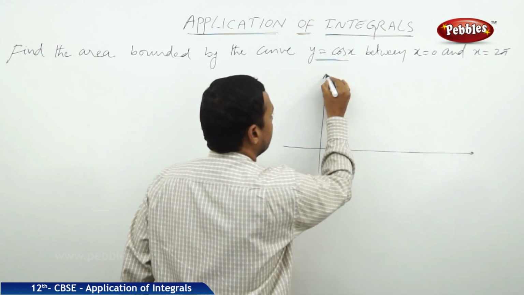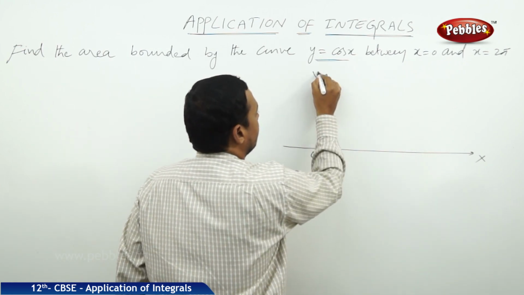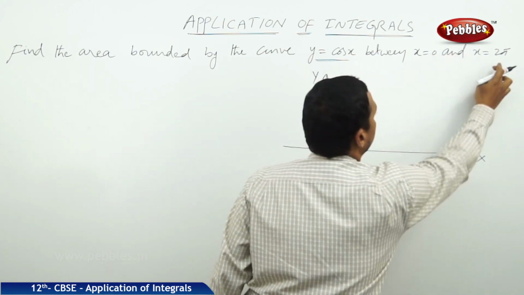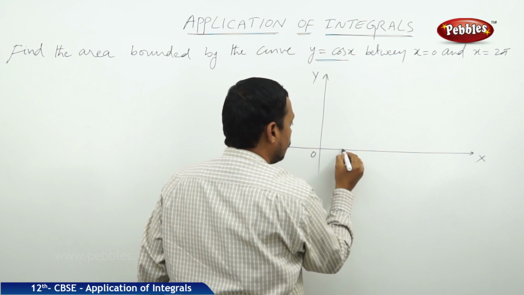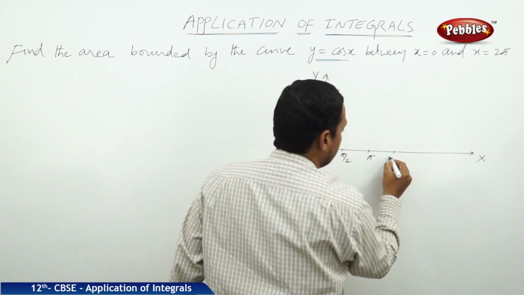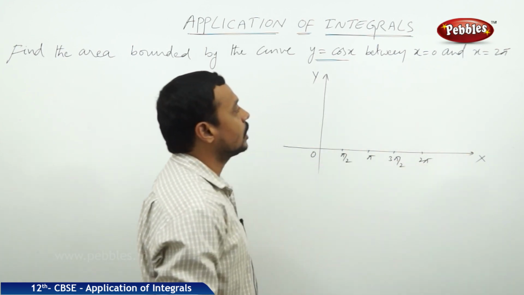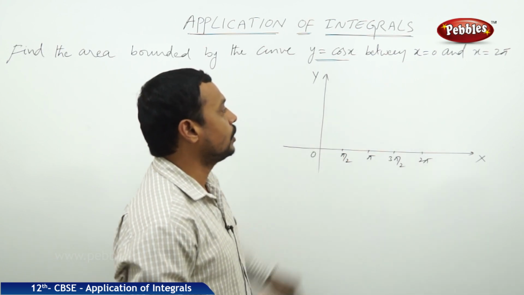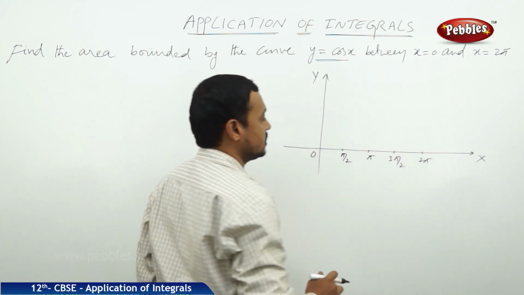So let us take the coordinate axes and also mark some points between 0 to 2 pi. Here I am taking the points 0, and this is pi by 2, and this is pi, 3 pi by 2 and 2 pi. Now divide the interval, x is equal to 0 to x is equal to 2 pi, into 1, 2, 3, 4 intervals.